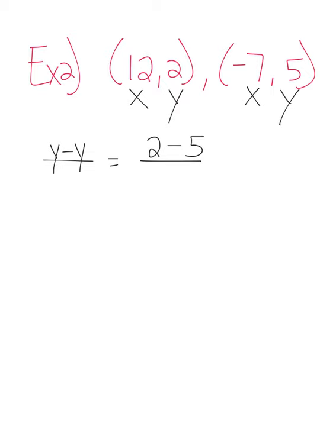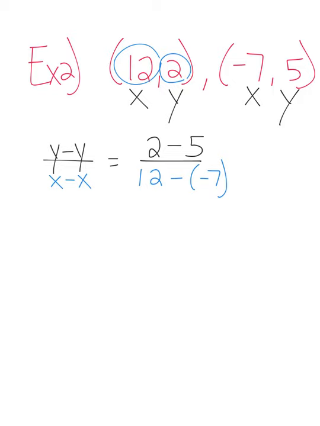And in the bottom of our fraction, we're going to have x minus x. So because I started with my 2 for the y, I have to start with that 12. So 12, and I'm going to take away a -7.